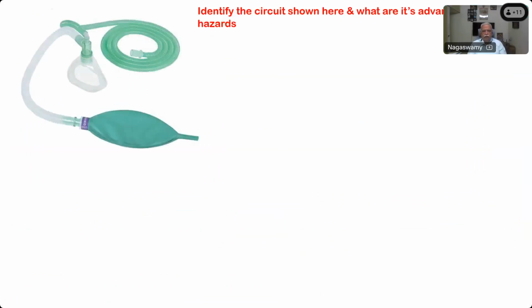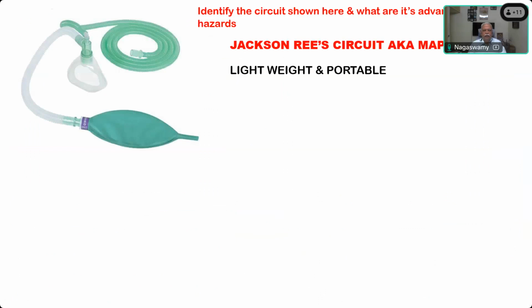Identify the circuit shown here. What are its hazards? Jackson-Rees circuit, sir. This is a modification of Ayre's T-piece. Very good. What are the advantages and disadvantages?